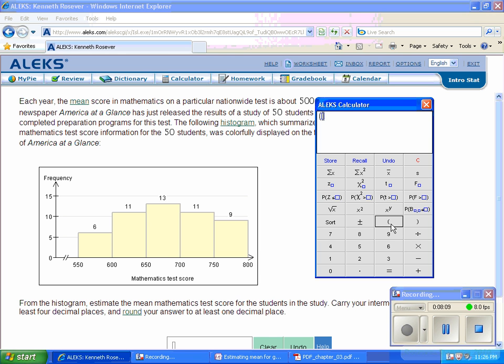So 6 times 575 plus 11 times 625 plus 13 times 675 plus 11 times 725 plus 9 times 775. Close that parenthesis and then hit divided by your sample size, which was 50, and you get 681, the same answer we got. And we're going to type that down here.